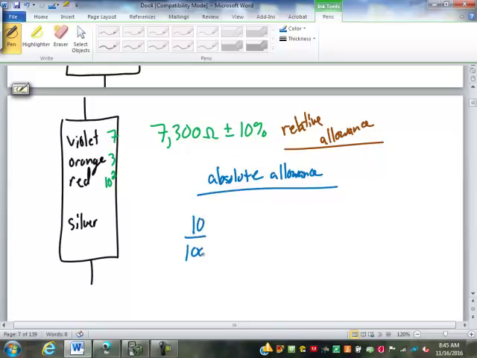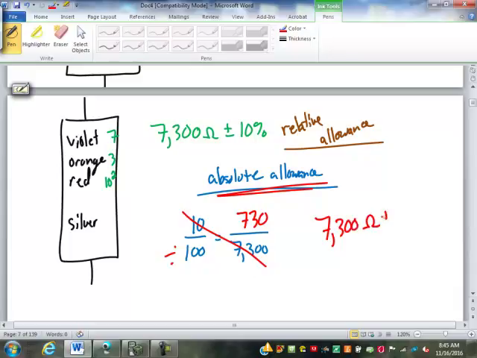So 10% is 10 out of 100. I'd find how much is that out of 7,300. If I cross multiply and divide there, I get 730. So as an absolute allowance, that's 7,300 ohms plus or minus 730 ohms.